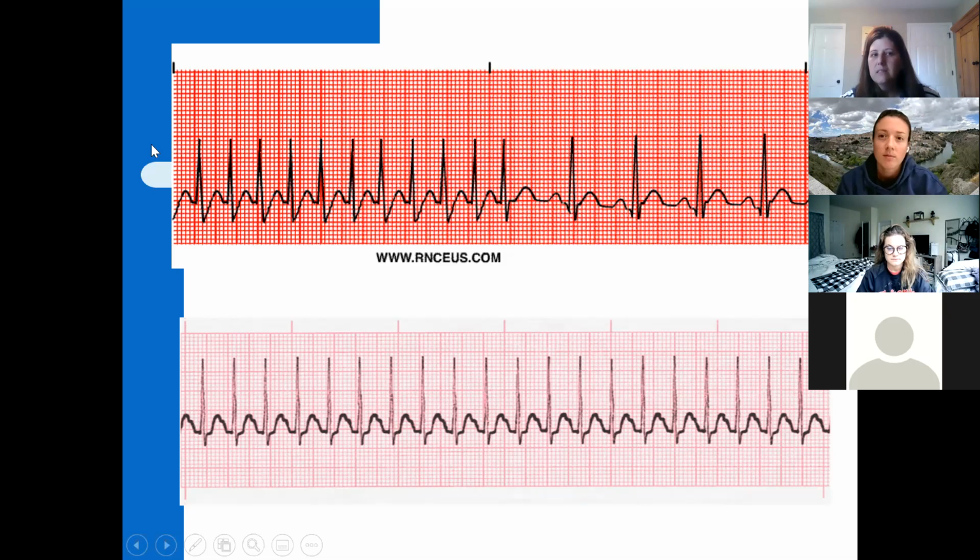Now, again, because it's not a full 6-second strip, we truly can't calculate the actual rate, because that only gives us 120, and we said that this is typically greater than 150. So we would have to have the full thing to really calculate it accurately. But you can see by counting it that these 3 seconds are much faster than those 3 seconds. Isn't it times 10 for a 6-second strip?